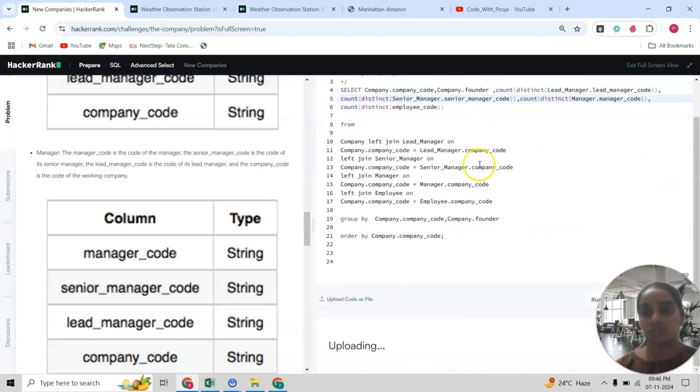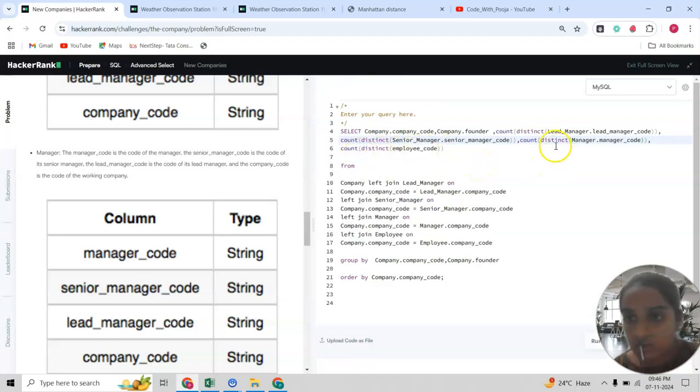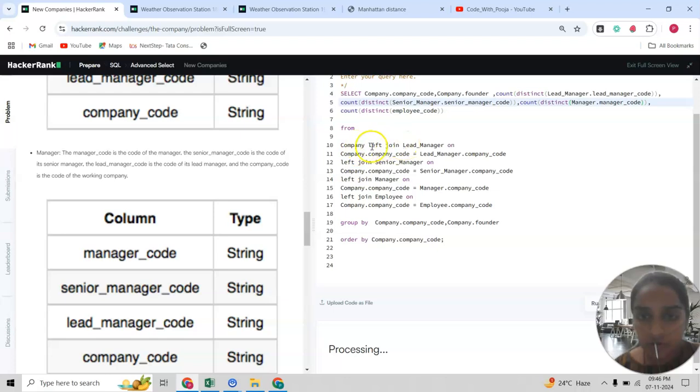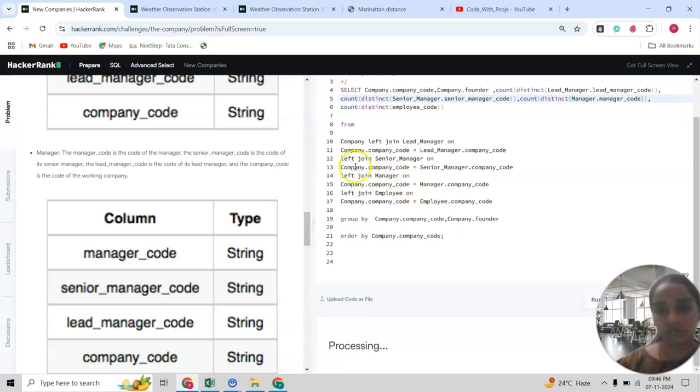So let's run the code again. Count distinct manager code from employee left join lead manager on the company code, and left join senior manager on company code, and so on.